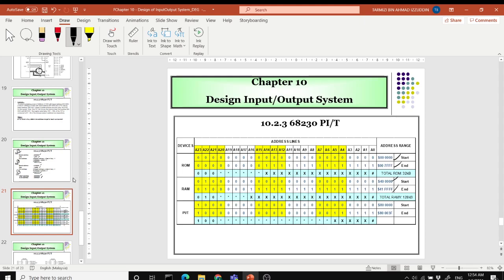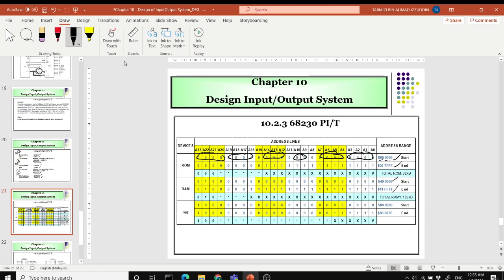Create this table, and then you're going to translate the address range over here into binary numbers. Example, 000000 corresponds to this part here, 0 0 0 0 0 0.